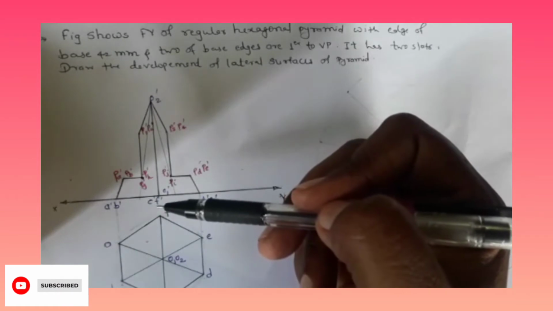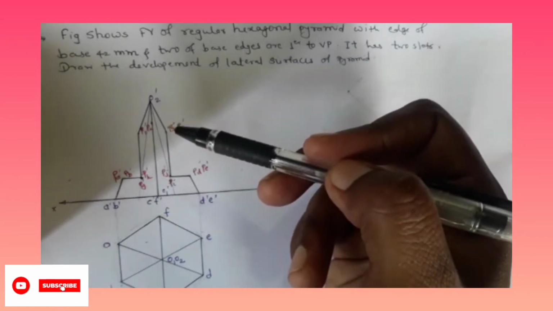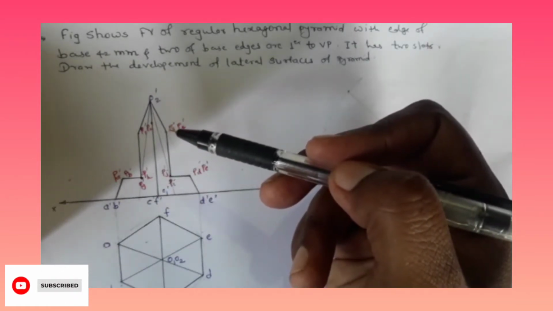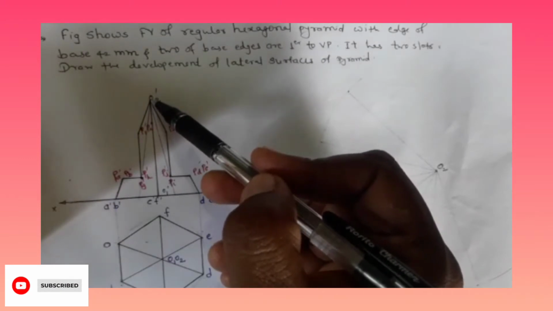That's why in that problem the lateral edge we got in the front view was showing the true length. But in this problem it's not like that. Whatever these lateral edges O dash A dash or O dash B dash, or on this side O dash D dash or O dash E dash, they are also not giving the true length.